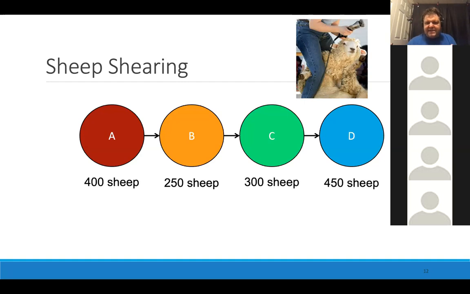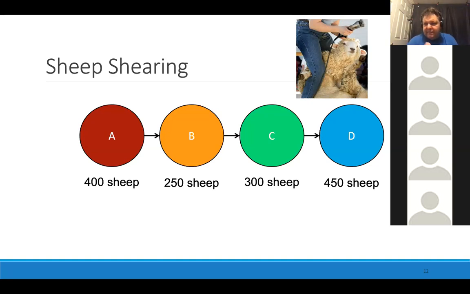So let's say our capacities in all of these are 400 sheep, 250 sheep, 300 sheep, and 450 sheep. Like I said earlier, a process is only as good as its lowest capacity. So in this case, how many sheep can we shear through all 4 steps of the process in a day? The answer is 250, step B. So if at step A, I can tag 400 sheep, but only 250 of those are going to be given Dramamine. 300 can do the whole shearing step, but again, only 250 are going to get Dramamine.